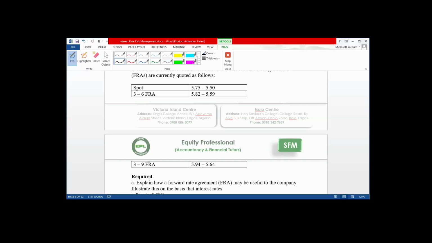The appropriate interest rate will be 5.94% franc rate. This rate is binding on the future borrowing.